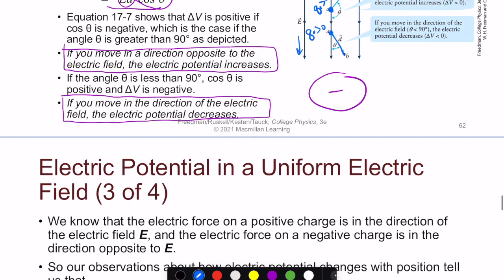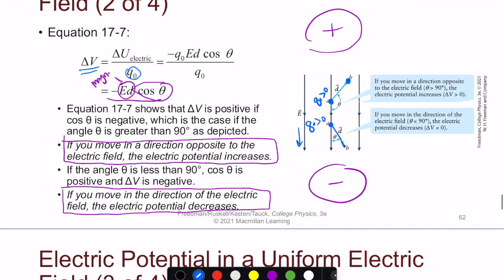So that is just using the idea in the previous lecture where we can express the electric potential energy as how much work you would have to do to bring the charge from infinity to that current position. That's the concept we're using to explain the potential increase and decrease, okay?